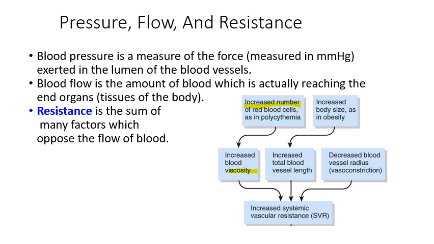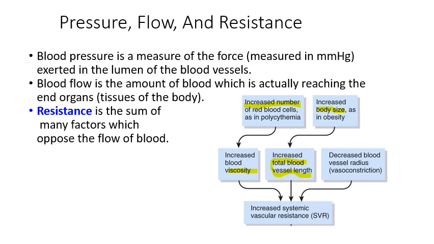If the blood's a little bit thicker, that's going to increase our resistance. Increased body size can also increase the resistance, basically because as the body size grows, you actually build more blood vessels to supply all of those tissues. So your total length of blood vessels increases with increased body size, and that also can lead to increased resistance.